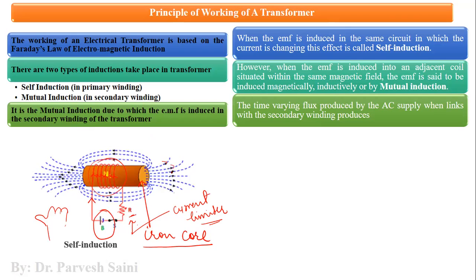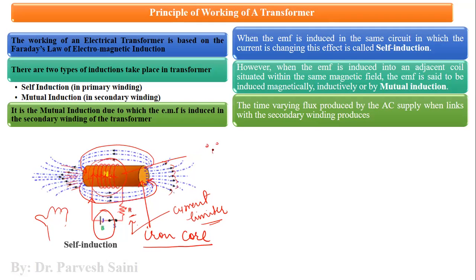Like here also the magnetic lines of force are exiting this end and entering at this particular end. And you can see here also the magnetic lines of force are exiting and entering at this particular end. Now why is it happening?